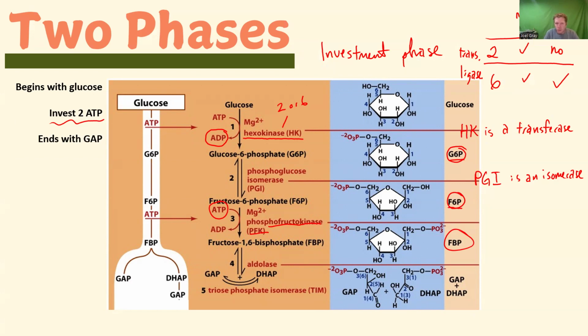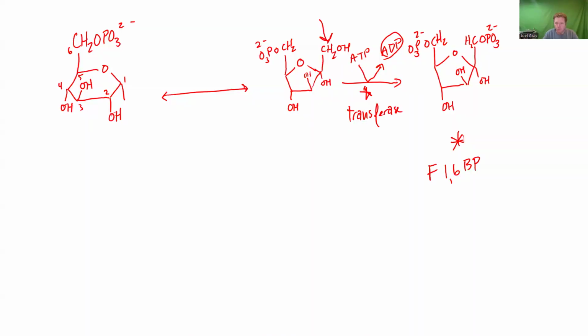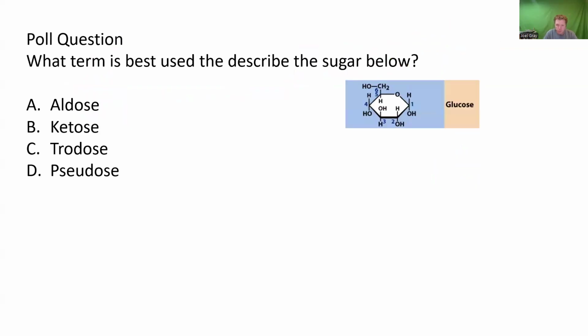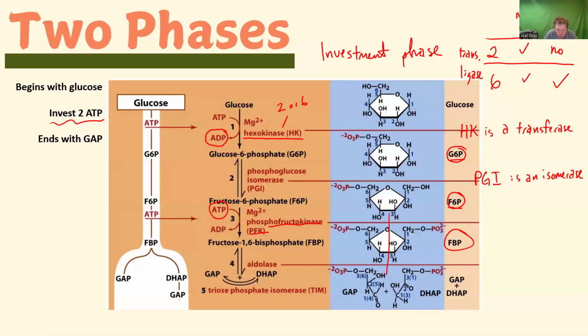The next thing that we're going to do is break that molecule in two. I'm going to erase everything except for the FBP. That fructose 1,6-bisphosphate molecule that you see there, I want you to look at it and say, that's kind of symmetrical, because it's something that we can split in two. When we split it in two, we end up with glyceraldehyde 3-phosphate and dihydroxyacetone phosphate, or DHAP.